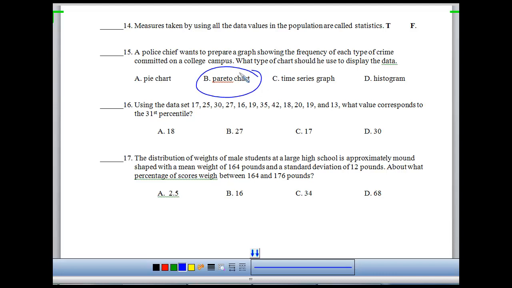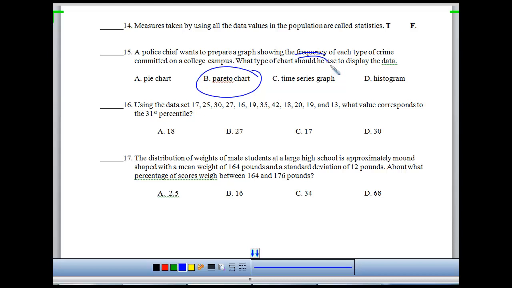Okay. Now, if we talked about qualitative data, we'd certainly narrow it down to pie chart or Pareto chart. But on a pie chart, we usually display what? Percentages. They wanted to talk about the frequency. Okay. And so Pareto chart would be a better choice. You could put frequencies there on a pie chart, but when we talk about a pie chart, we need to make sure that the data makes up a whole.